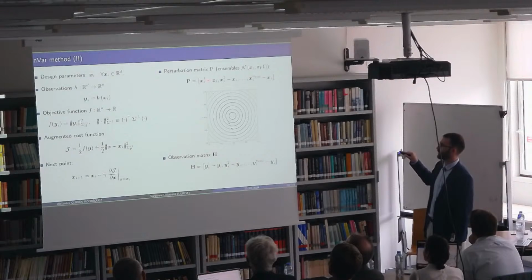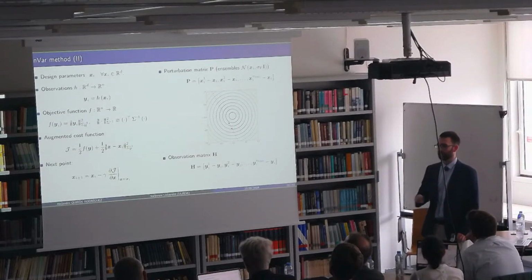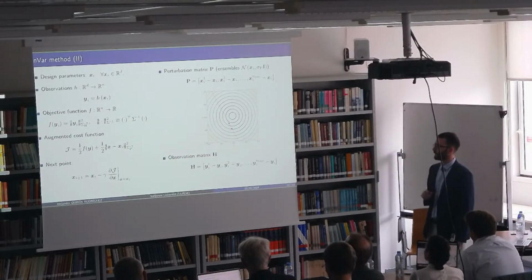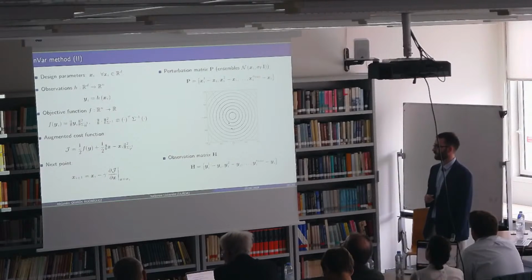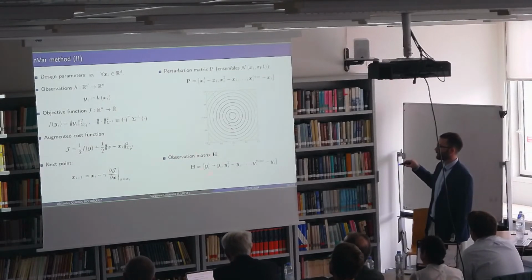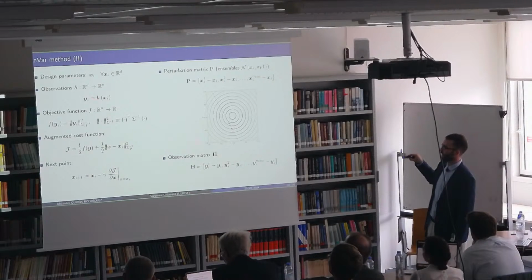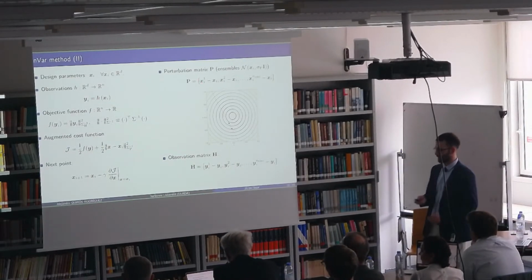And each column of this matrix P is defining one of the directions where we can move in our gradient. Now, the most computationally expensive step of this method is the obtention of the observation matrix H, where we just apply the observation function H to each of these ensemble members and the center to obtain this matrix here.